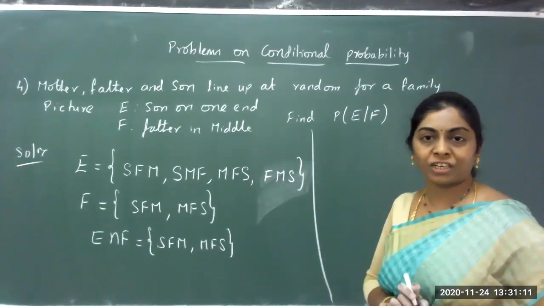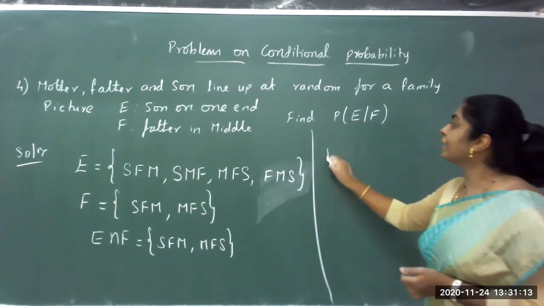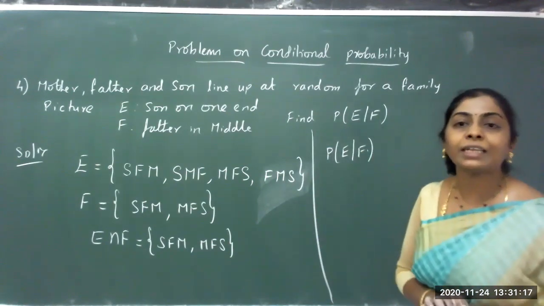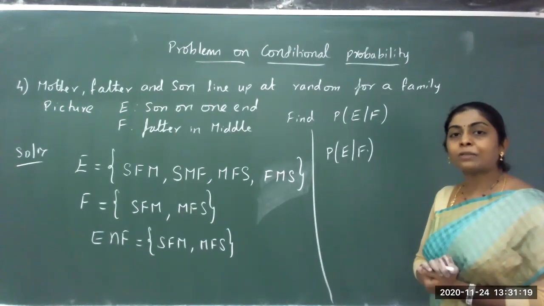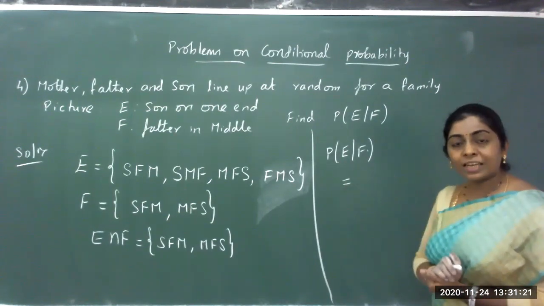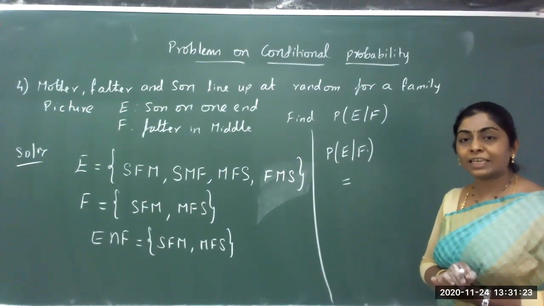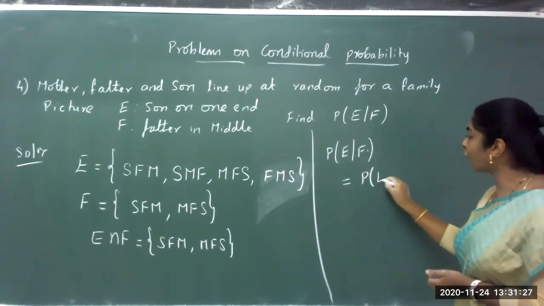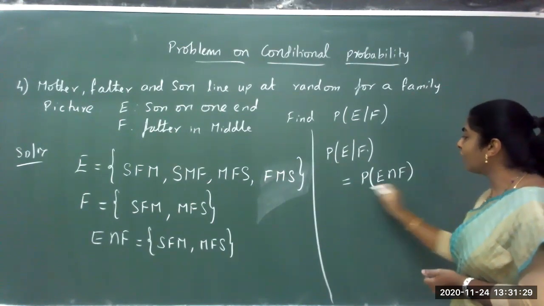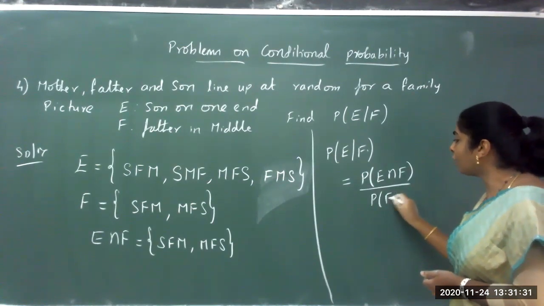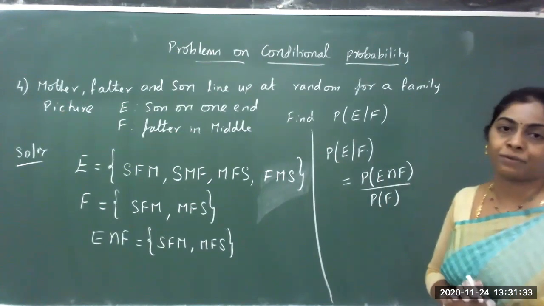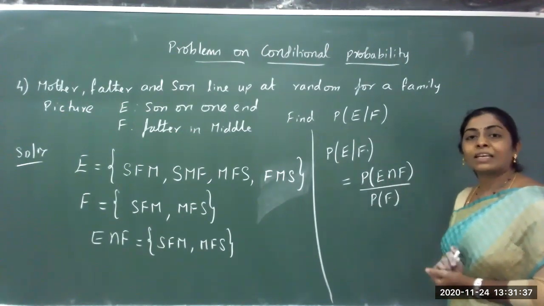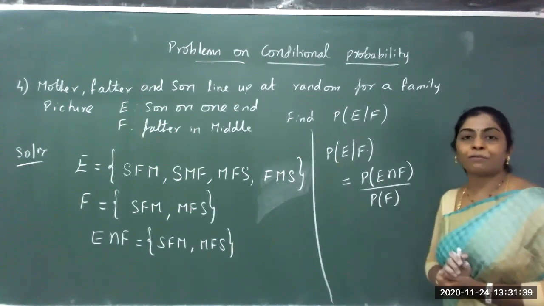What is asked is the conditional probability of event E given that event F has occurred. Now, the conditional probability of event E when event F has occurred is given by the probability of E intersection F divided by the probability of F.